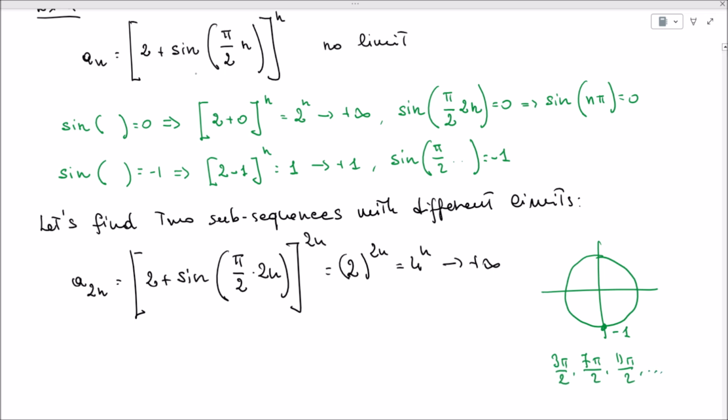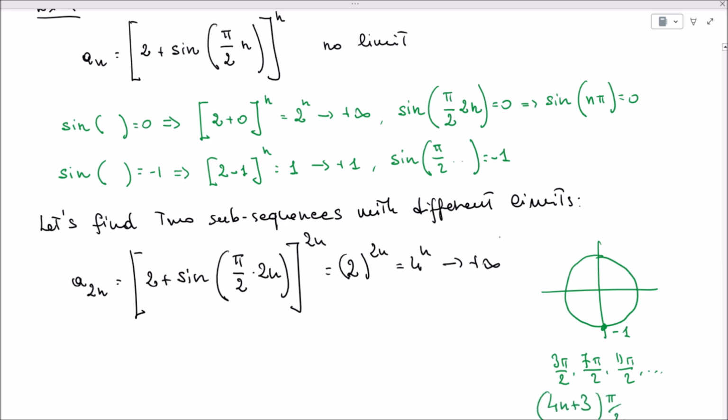So we can rewrite this sequence as 3 pi over 2. Well, this is just a multiple which we can say is 4n plus 3 times pi over 2.